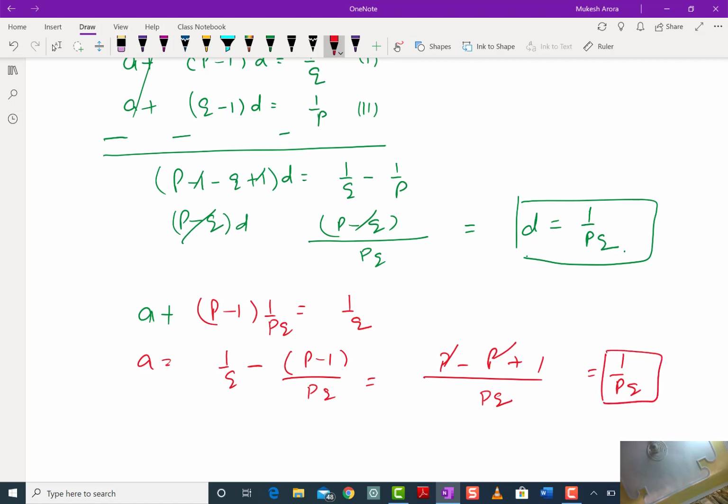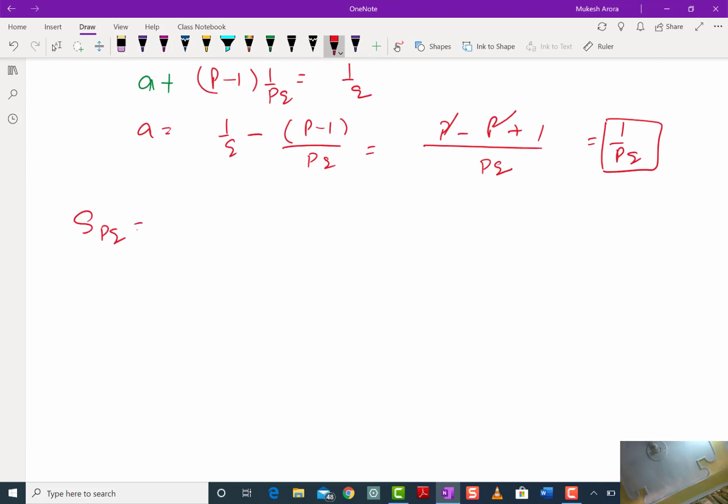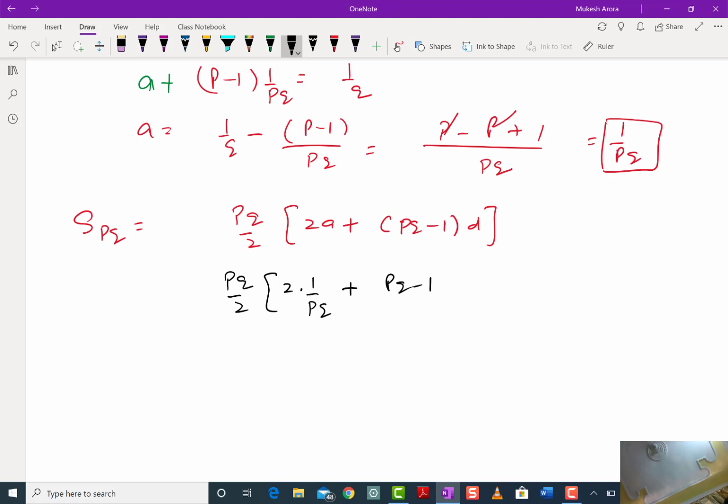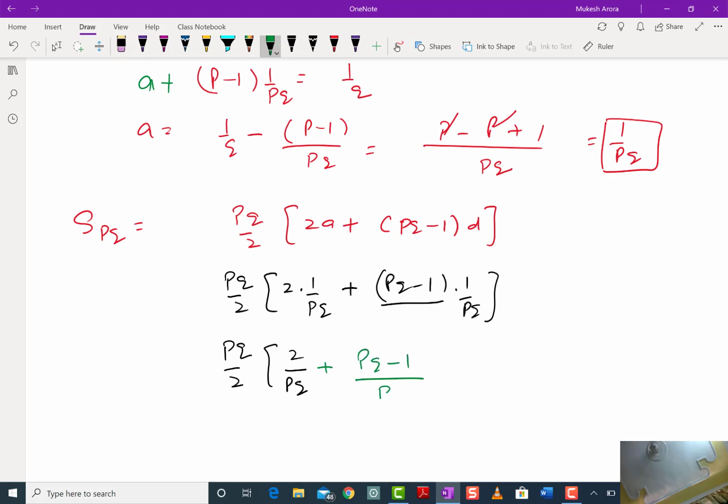This is A. We have to find the sum of PQ terms. Sum of PQ terms will be PQ by 2 into 2A plus PQ minus 1 into D. So PQ by 2 into 2 into 1 by PQ plus PQ minus 1 into D, which is 1 by PQ, is equal to PQ by 2 into 2 by PQ plus PQ minus 1 by PQ.